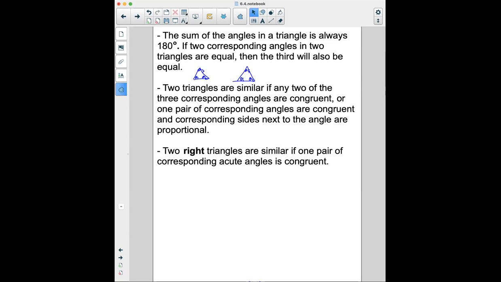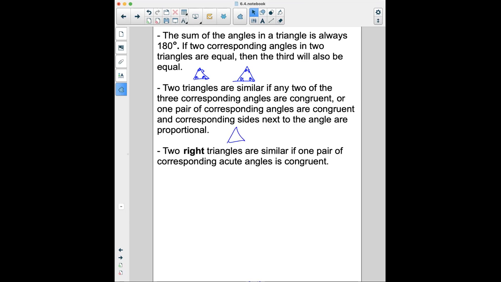If two triangles are similar, any two of the three corresponding angles are congruent. Remember, corresponding means they're in the same relative location, and congruent means they are the same. So two triangles are similar if any two of the three angles are congruent, or one pair of corresponding angles are congruent and corresponding sides next to the angle are proportional.